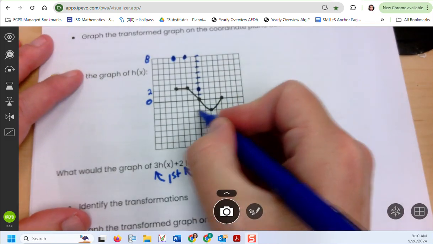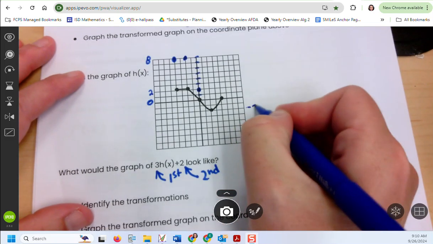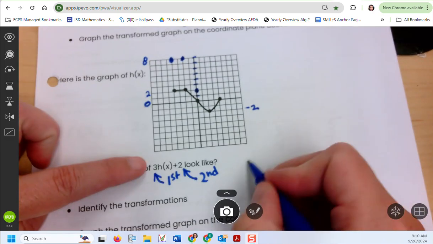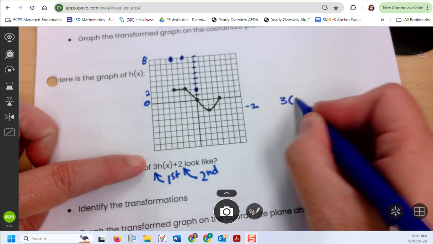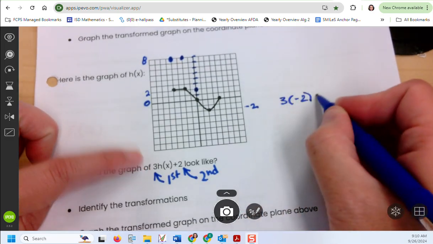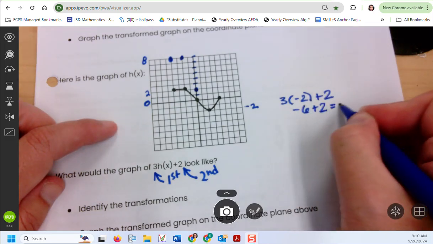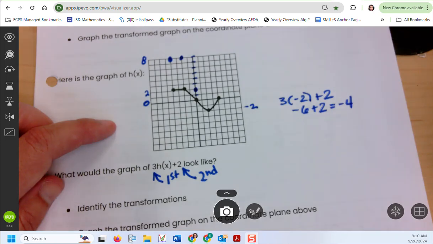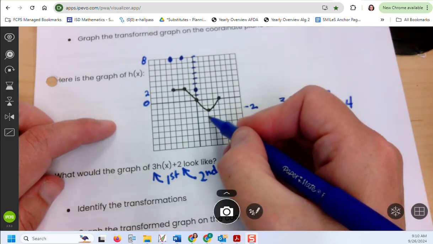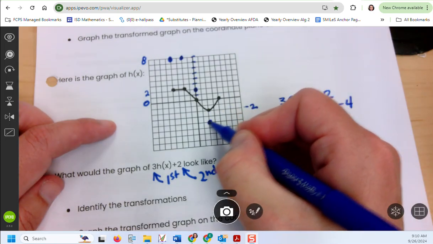Down here, your y value is -2. 3 times -2 plus 2. I get -6 plus 2, which is -4. So do you move it down? So it's going to move to where y is -4, which is down, yeah.